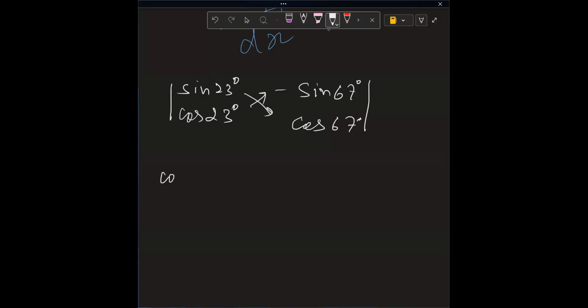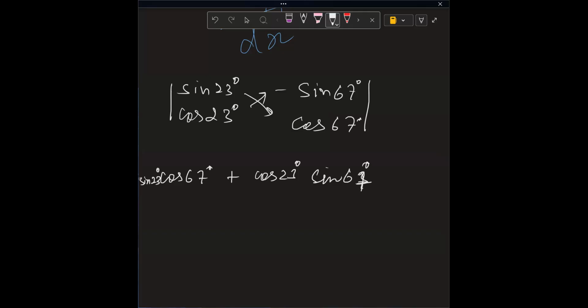Cos 23 degree cos 67 degree, and here I have sine 23 degree. Minus minus is plus, cos 23 degree sine 67 degree.